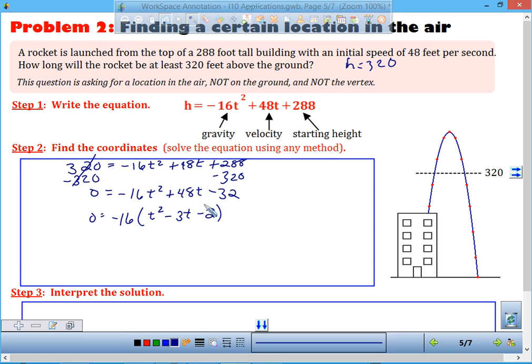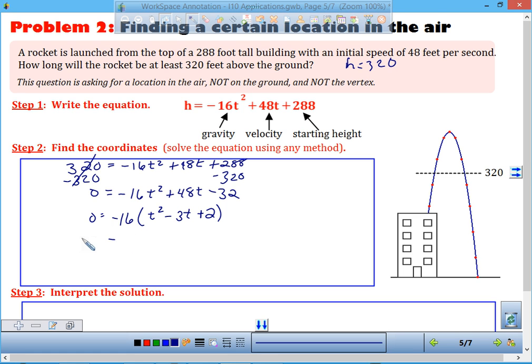Oh, sorry. I made a mistake here. When I factor out GCF of negative 16, that's negative 32 divided by negative 16 gives me positive 2. There we go. So factors of positive 2 that add to give me negative 3, and that's going to be negative 1 times negative 2. Negative 1 times negative 2 gives me positive 2, and negative 1 plus negative 2 gives me negative 3t.